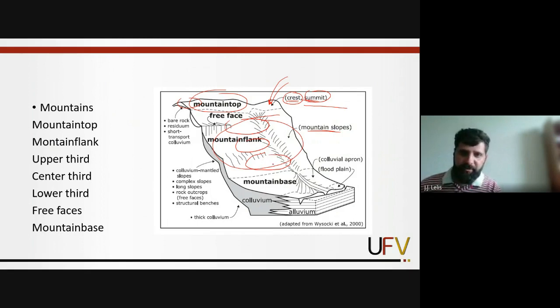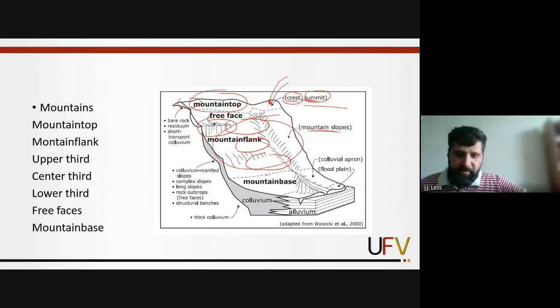And in all these areas, we can identify different kinds or different quantities of colluvium and alluvium materials. Of course, these colluvium packs, these colluvium layers are deeper in the lower third. We also can identify free faces, areas in the slope where we have rock at the surface, okay?